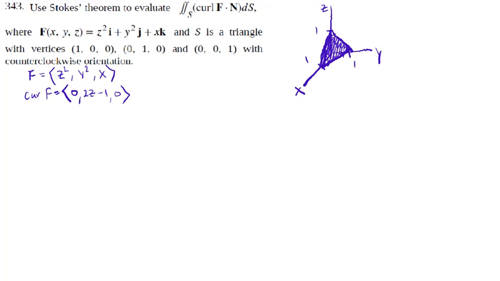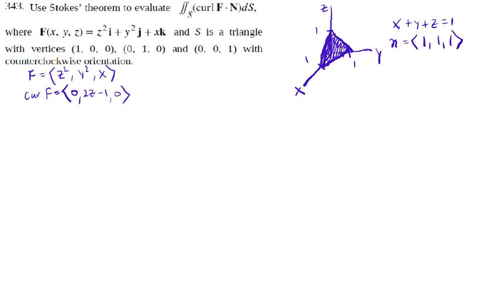Now, since this is a plane with x-intercept 1, y-intercept 1, and z-intercept 1, I know that the equation of this plane would be x plus y plus z equals 1. Which means I also know that a normal vector for this plane would be 1, 1, 1.